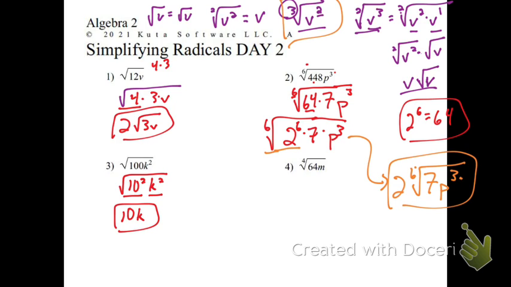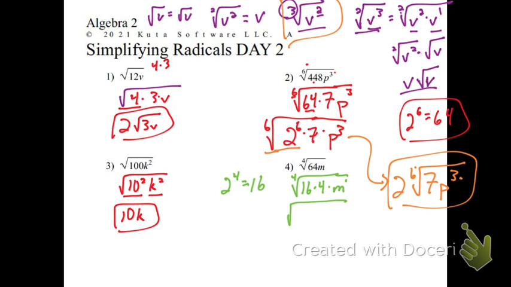Then, moving down here, so 64, I'm talking the 4th root here. So I'm going to remember that 2 to the 4th power is 16, and that 64 is the same thing as 16 times 4. So 16 times 4, and then there's just an m there. Now that's a 1. Since that's less than the 4, we're not really messing with the m very much right now.